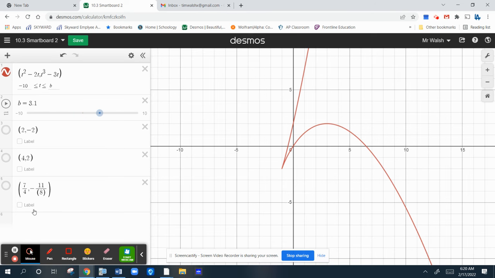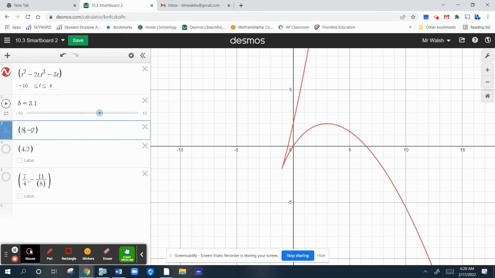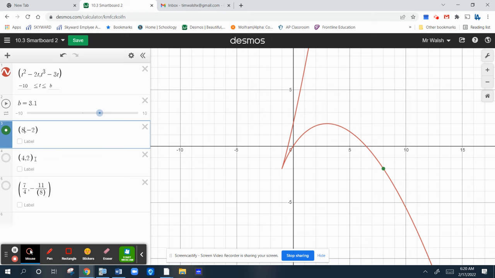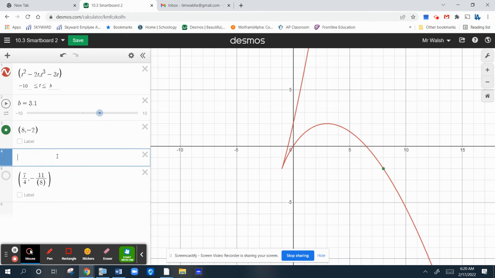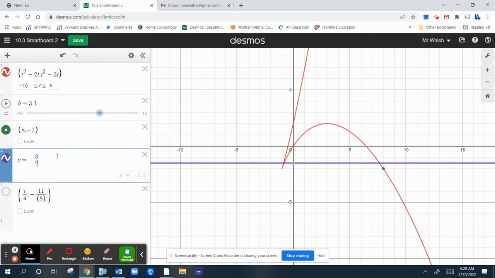Just keep in mind that green point there is where we're finding the tangent line. So now I'm going to type in the tangent line. I'll just do it over this. We got y equals -3/2x.